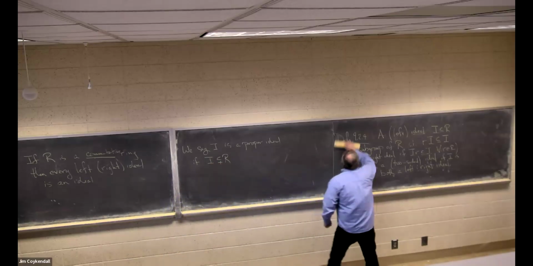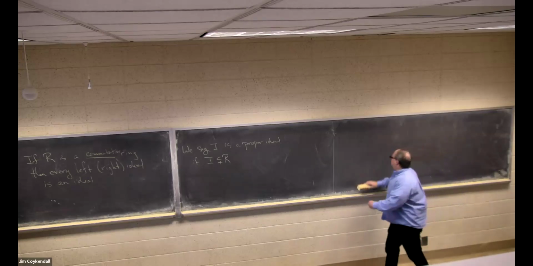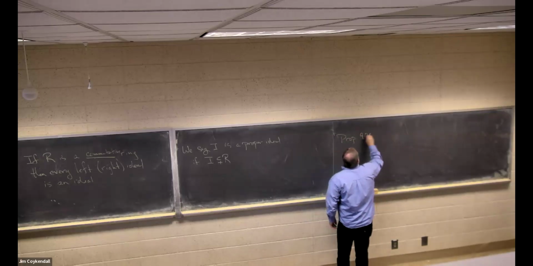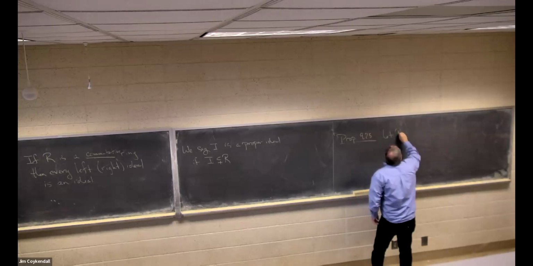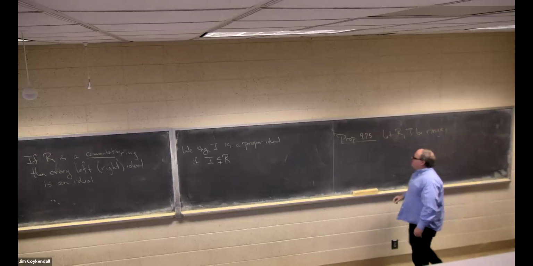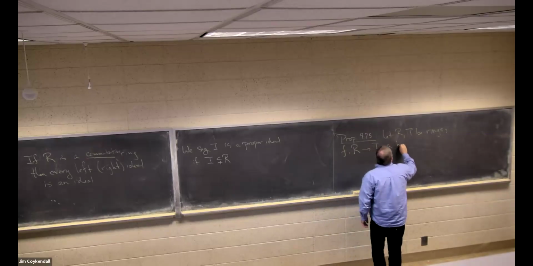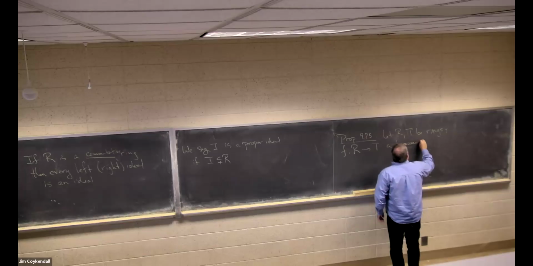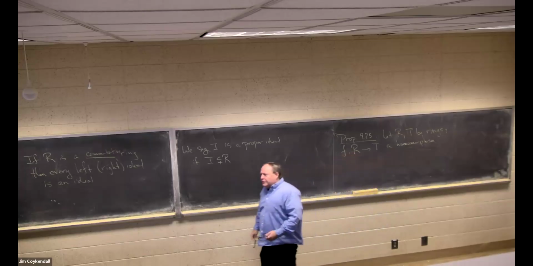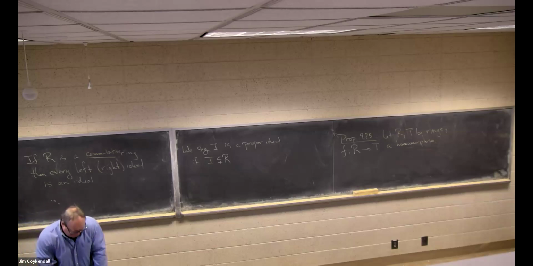Proposition. Let R and T be rings, and let f be a ring homomorphism from R to T. We've seen something very similar to this when we talked about group theory.